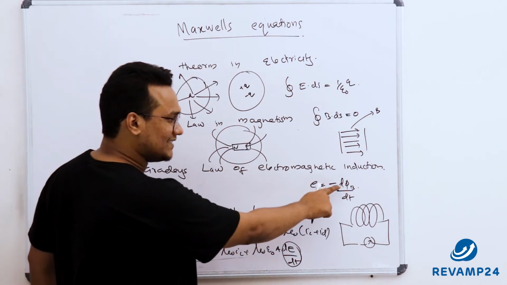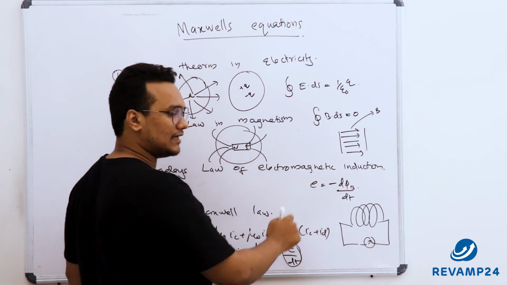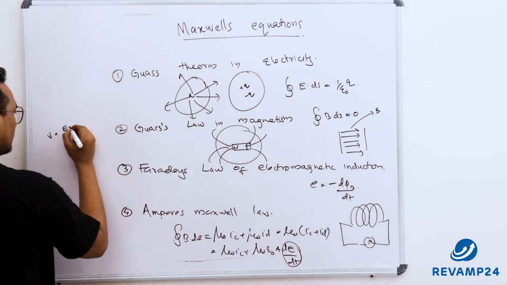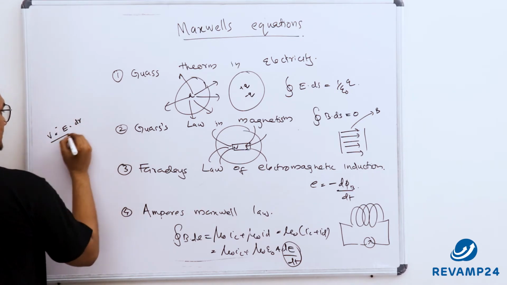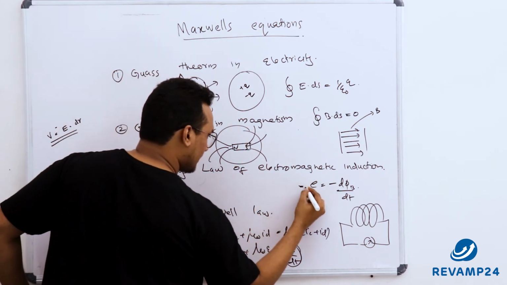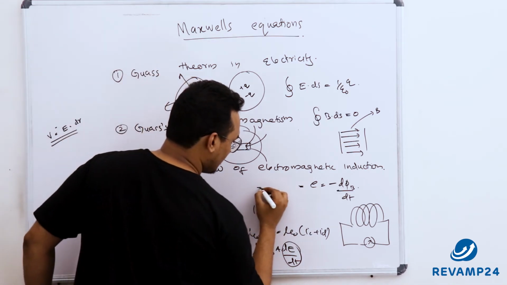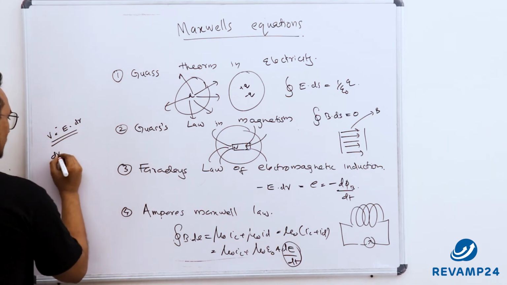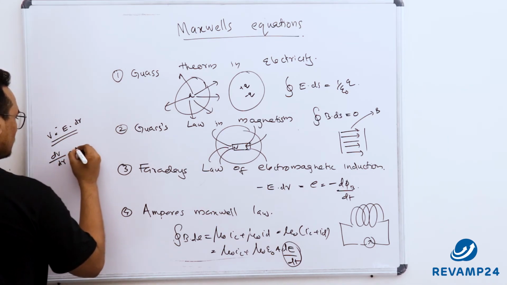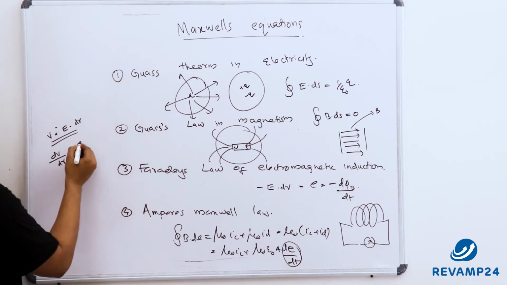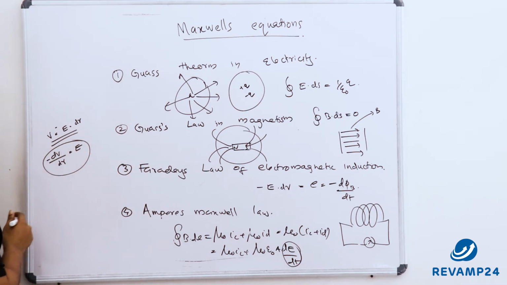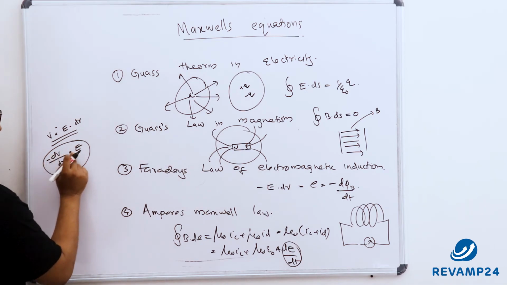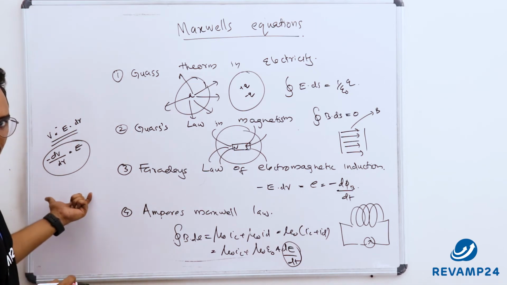Now change in magnetic field can produce an electric field. We have learned that voltage V is equal to E into d. So this EMF can be written as minus E dot dr, actually. We have learned that minus dV by dr is equal to the electric field, so dV is equal to electric field into dr. This we learned initially.